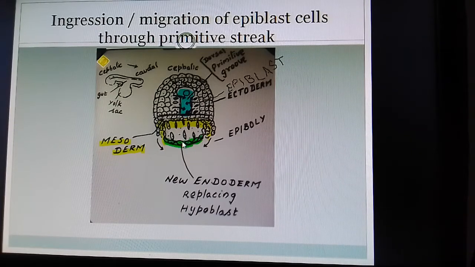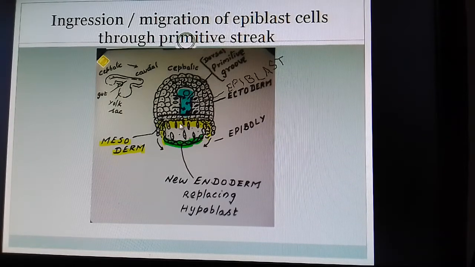So that way the hypoblast layer is replaced by the newly entering cells which will form endoderm. So here you can understand the hypoblast layer is replaced by the endoderm coming from the epiblast layer through the primitive groove. Once they pass through this primitive groove, they get the status of endodermal cells.